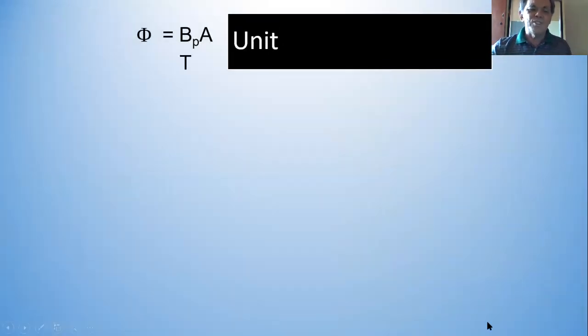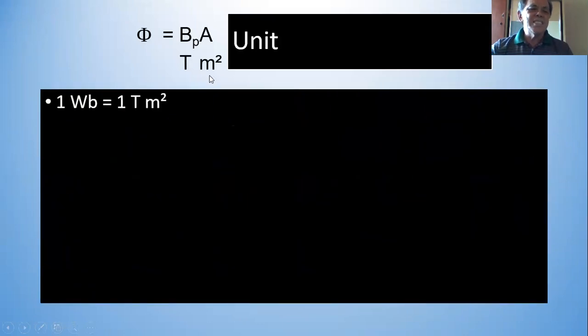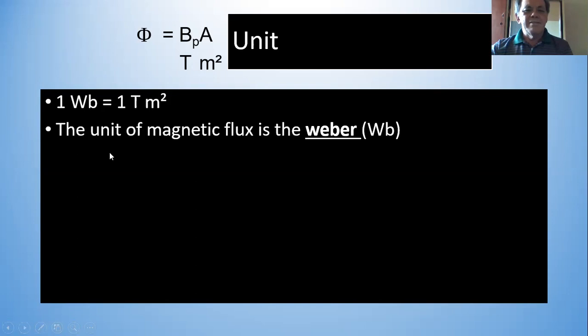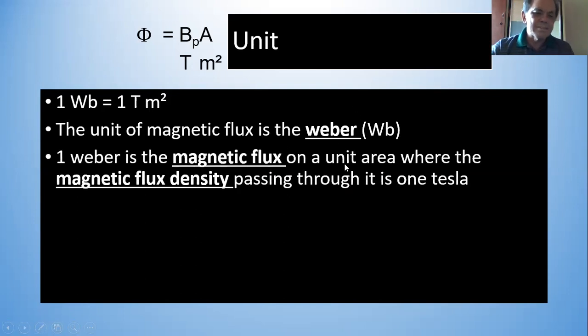Okay, and we go to the unit. B is Tesla, A is meter square. So instead of calling it Tesla meter square, we give you a new name, Weber, W-E-B-E-R.